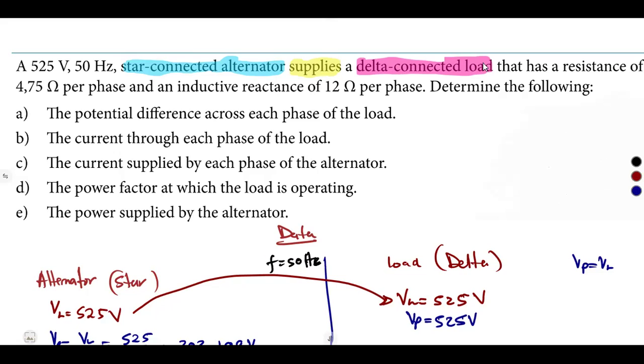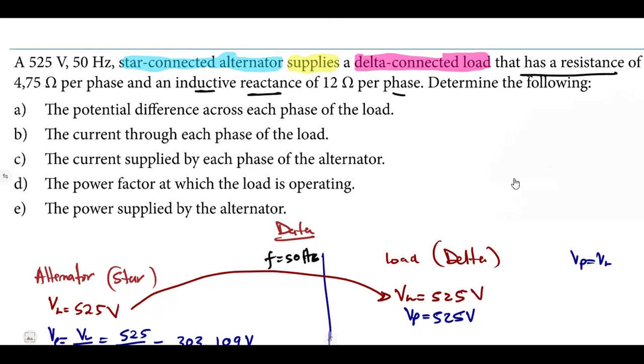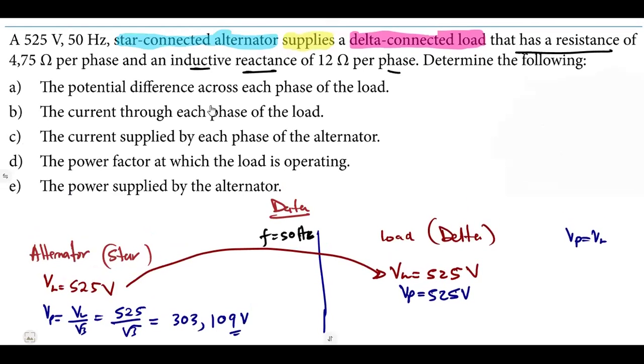The load which is being supplied has a resistance per phase and inductive reactance per phase. We are dealing with a lagging, perfectly inductive load. So take note, the load is the one that we are given its information, not from the alternator, but on the load. The load has this impedance, and this is impedance per phase because we are given resistance and inductive reactance.